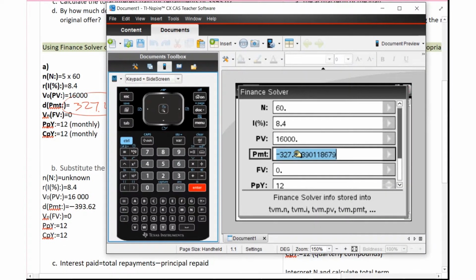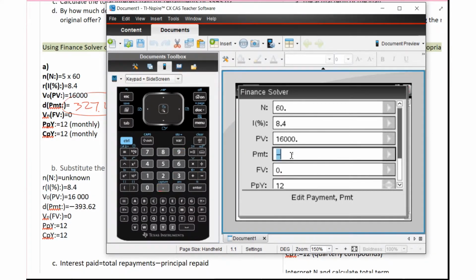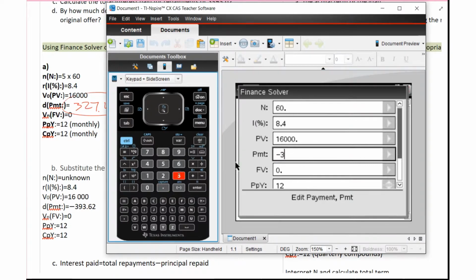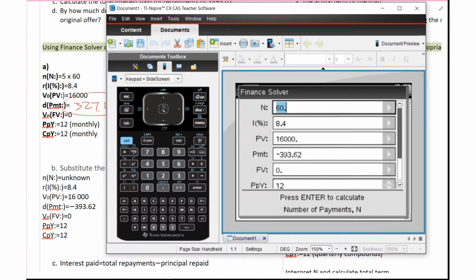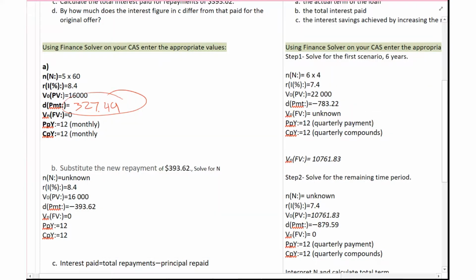Okay. What the next question's asking for, it says instead of having that payment of 327, I want to pay more. So I'd basically put negative 393.62. So that's my payments. The aim is you're going to get a final value of 0. I don't know how many payments. It's going to basically be 48 repayments.